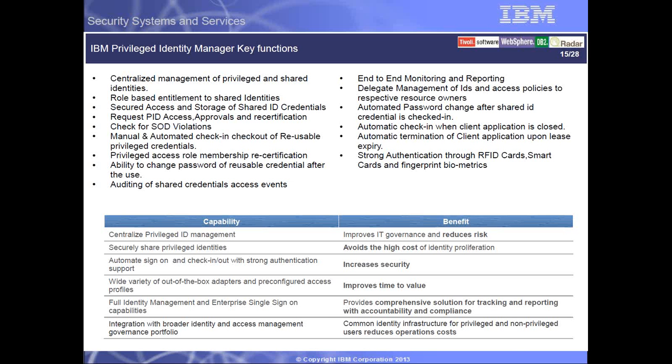It's centralized, secured, stored in one place. Request privileged ID access, approvals, and recertifications. You could make a request, seek approvals, recertify, and check for SOD violations, or separation of duties violations, before even assigning the roles. So that's a cool thing.